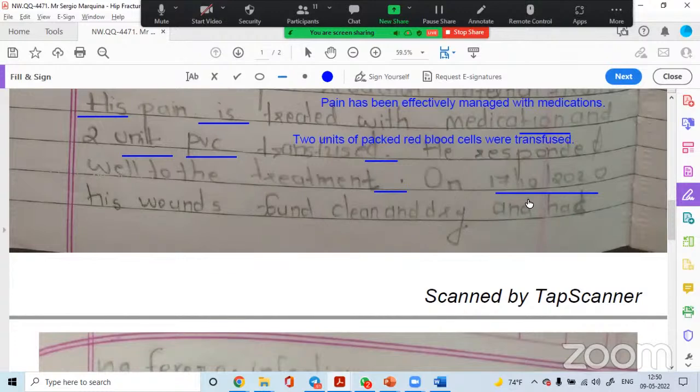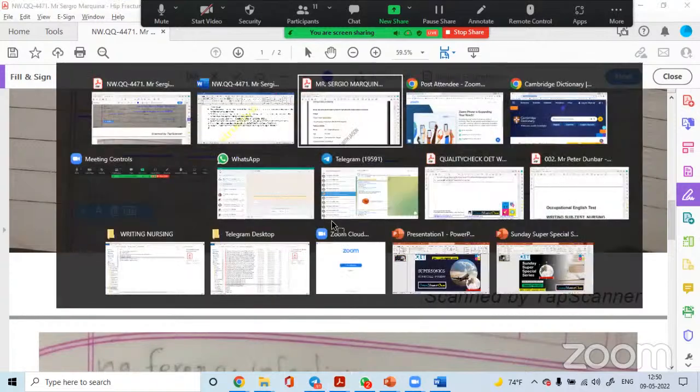So the wound site is clean and dry. Right. So cleanliness and dryness. Okay. Have been noticed. Okay, let us see here.